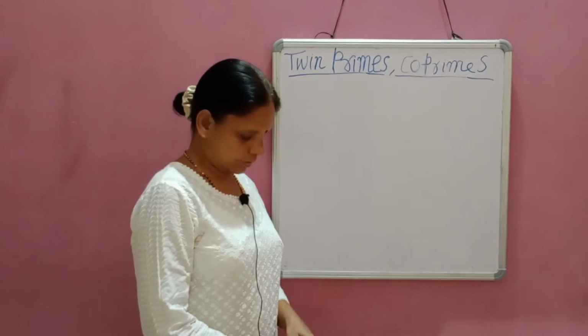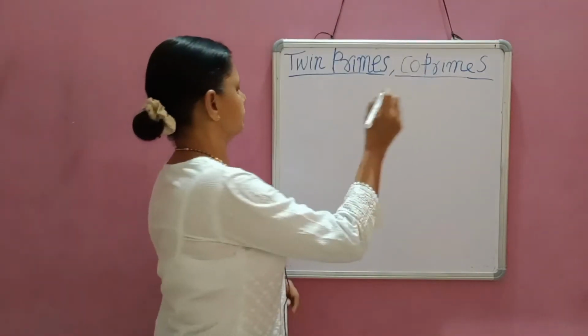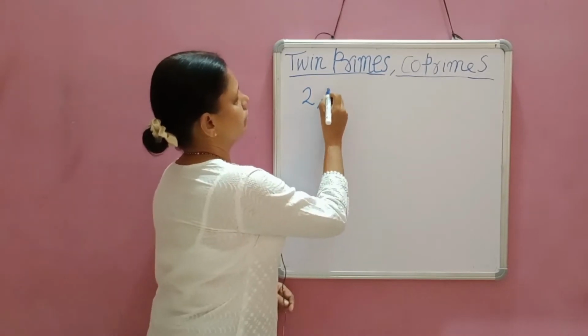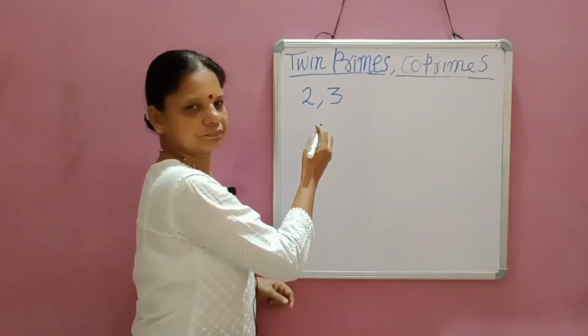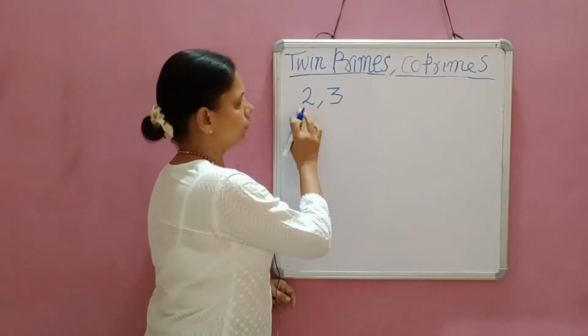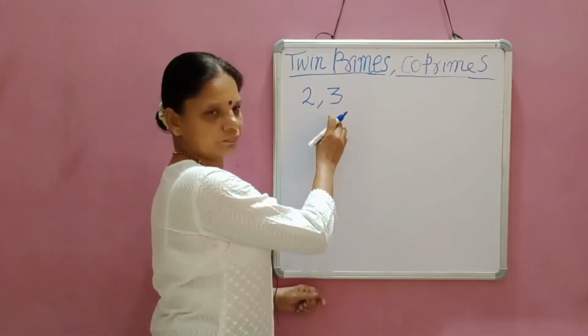I list out that 2 and 3, pairs, two numbers together. Both are prime numbers.